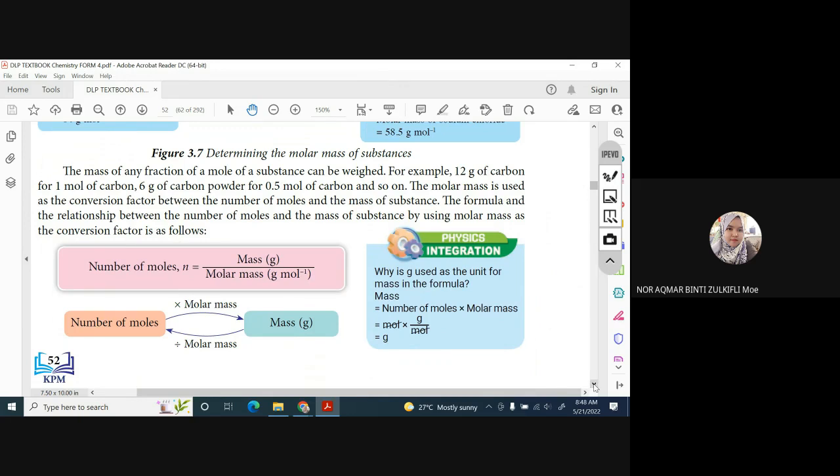Okay, so just now we discussed Avogadro and mole.